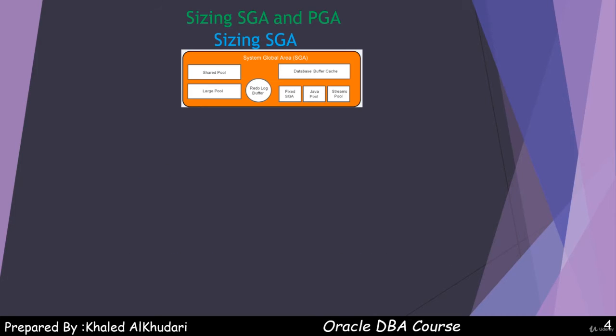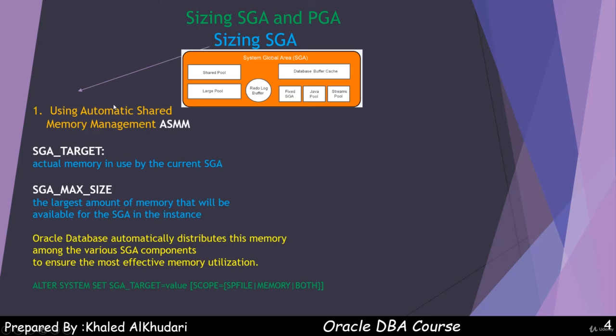Okay, now we will talk about sizing SGA and PGA. First, let's understand sizing of the SGA. I told you before that the SGA is the System Global Area, which contains many memories and many areas. We have 2 methods to size the SGA. The first method is called automatic shared memory management, ASMM.